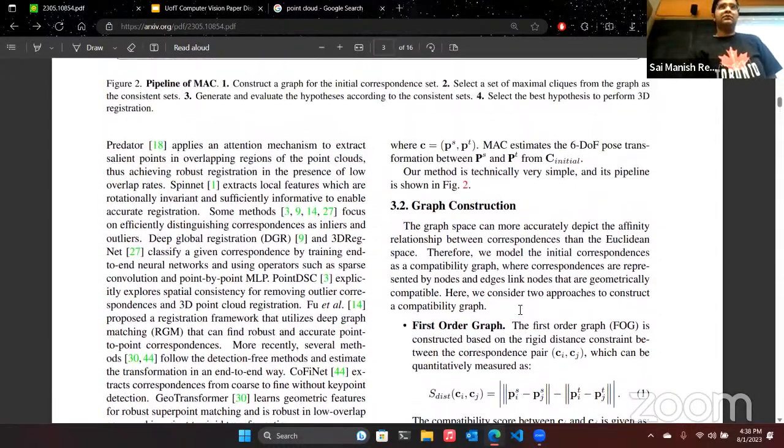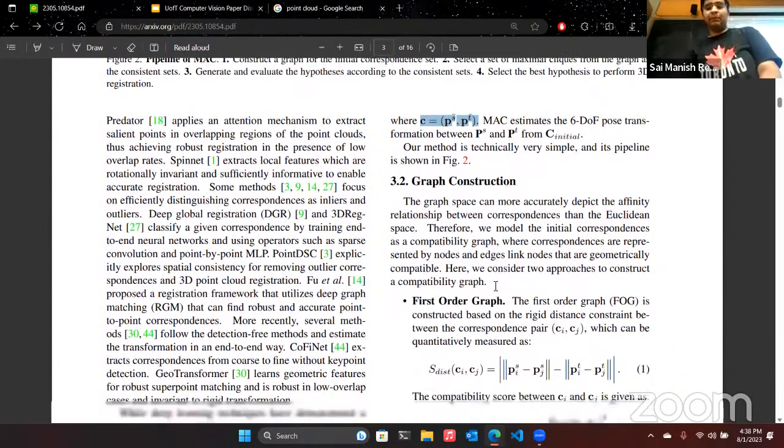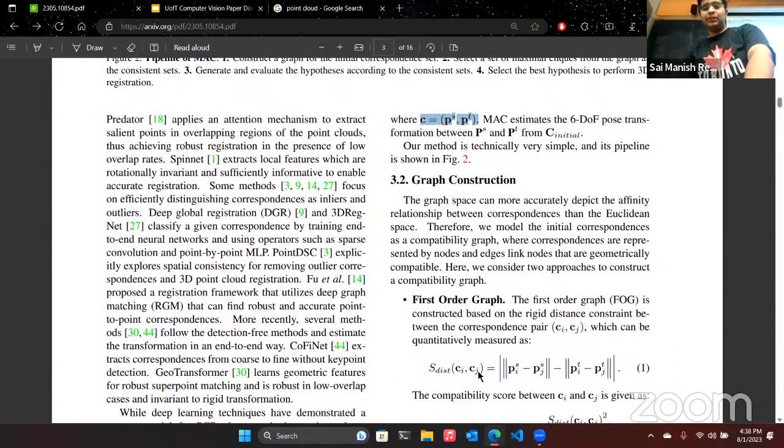C is already a pair of two points. So when we compute the distance between two C's, we basically compute the distance between the four points, each corresponding point.